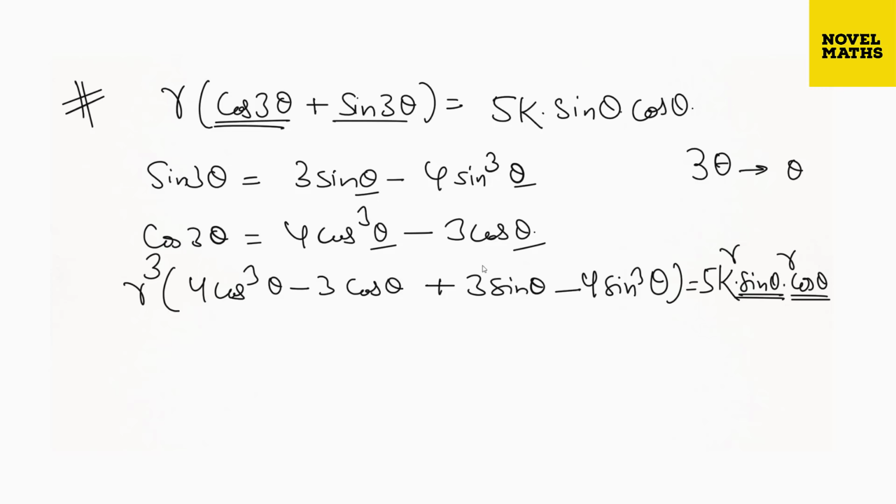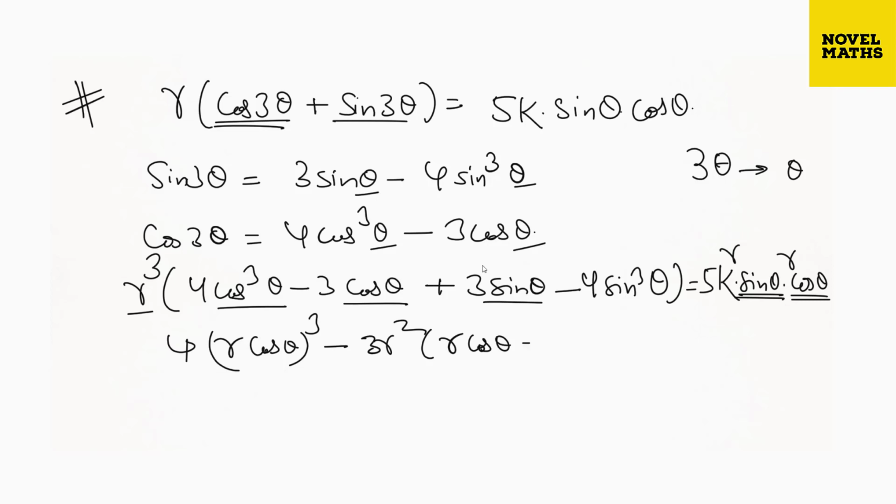And here also this is becoming interesting, right? You see a pattern, r cos theta cube. So r cos theta whole cube, just replace it with x. 3 r cube, so you can take 3 r square, and here also r cos theta and r sin theta. I'm writing in terms of r cos and r sin because that will become x and y.